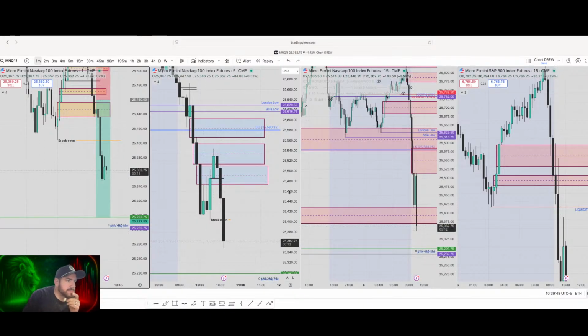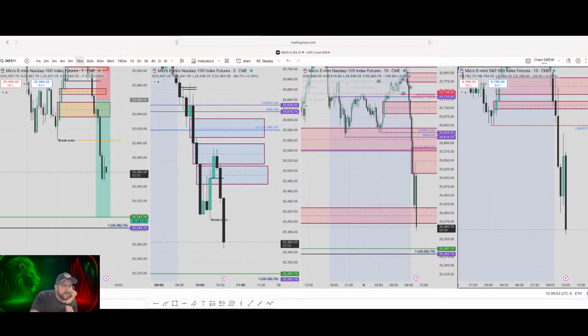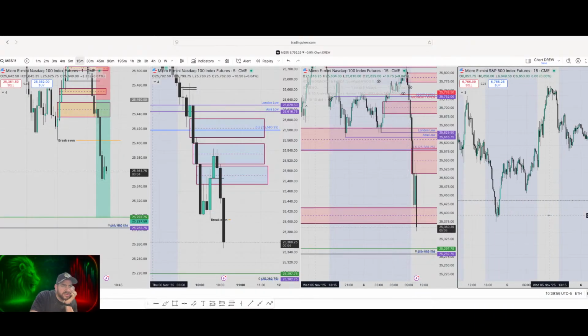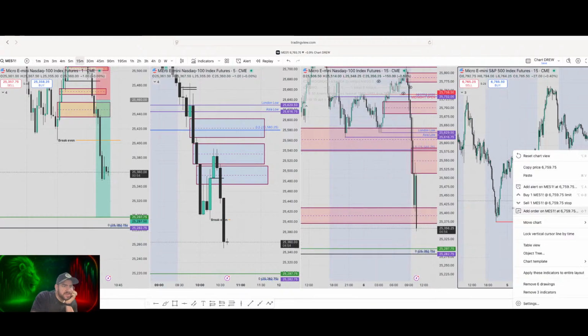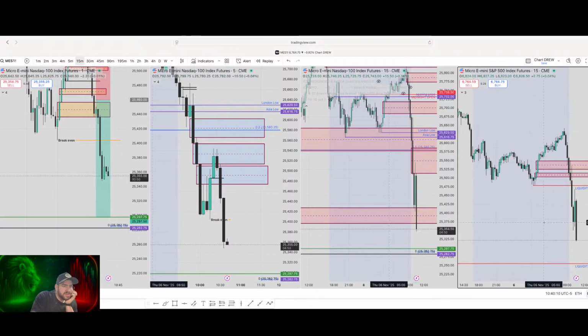Let's see here. That's what this one looks like on ES. Where are we at here on this one? So we still got there. Okay, let's see the sweep. Let's see now what it wants to do.